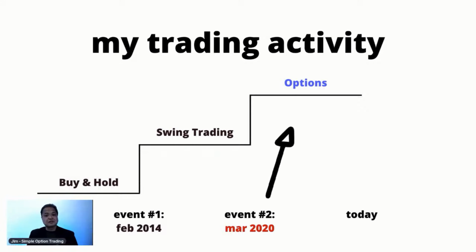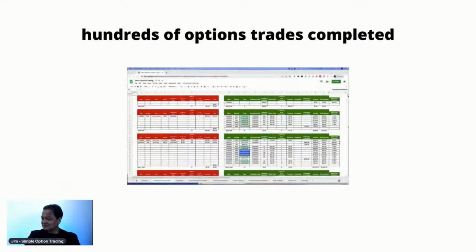But then after this global pandemic, and we saw the sheer drop-off of the companies and the changing of industries, I decided to step up my game, not swing trade anymore but trade options, because I knew that I could leverage stock options and start making more money more quickly. That's why I love stock options: it gave me that advantage to recover more quickly and gave me more opportunity. I'll explain why in a minute.